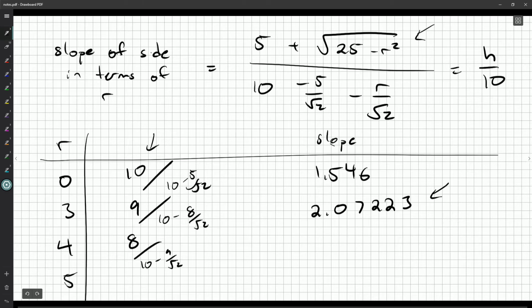We could get, if I did 5, it would be 5 on top, and then 10 minus 10 over root 2. So I've got 2 more things I want to particularly check out. None of them, I think, is necessarily going to be the answer, but I'm just trying to understand the question, or the scenario that I've got myself into.